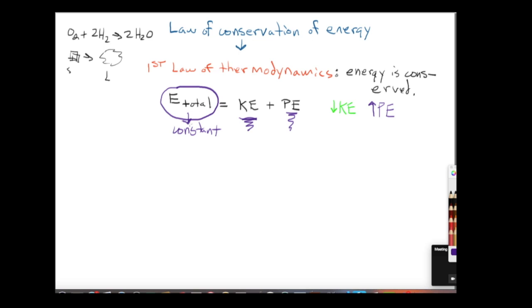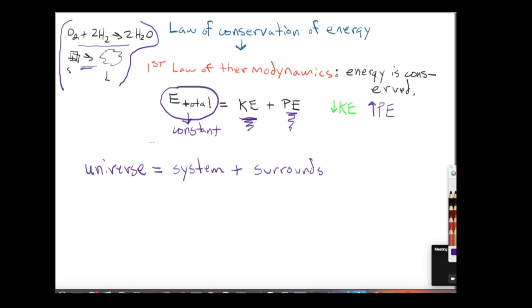Now, this is going to happen in lesson 2. In order to understand either a chemical reaction or a physical transition, and to sort out the energy business, we compartmentalize this. We're going to define a new term called the universe. The universe is equal to what we call the system plus the surroundings.